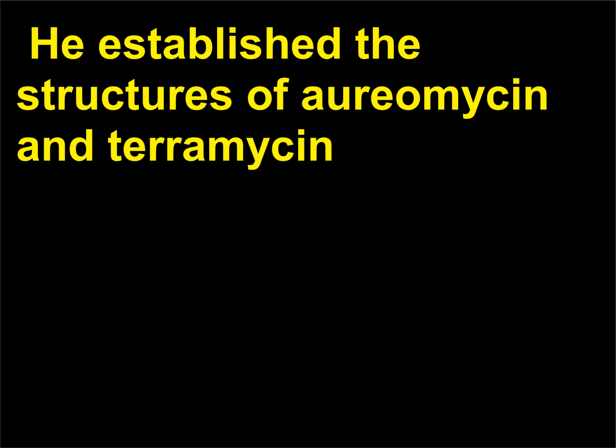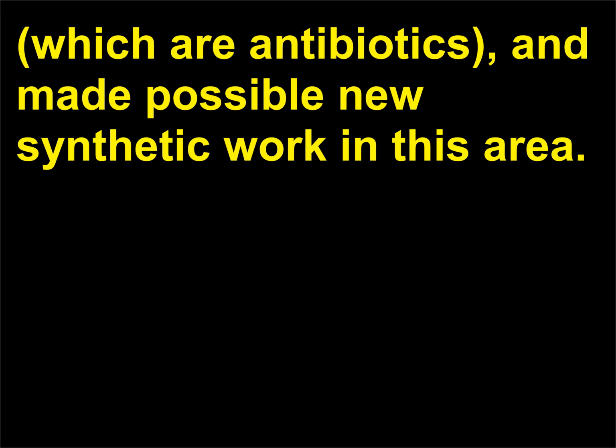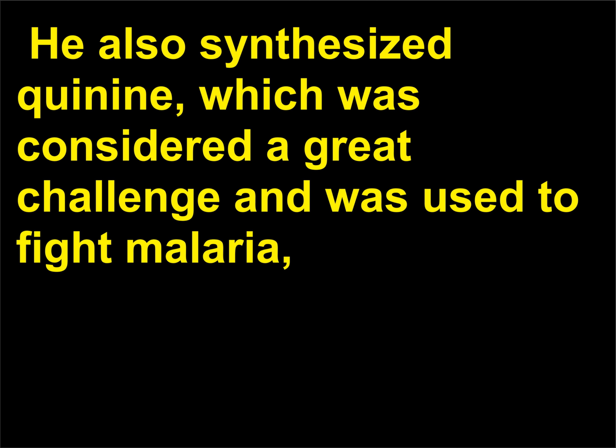He established the structures of aureomycin and terramycin, which are antibiotics, and made possible new synthetic work in this area. He also synthesized quinine, which was considered a great challenge and was used to fight malaria.